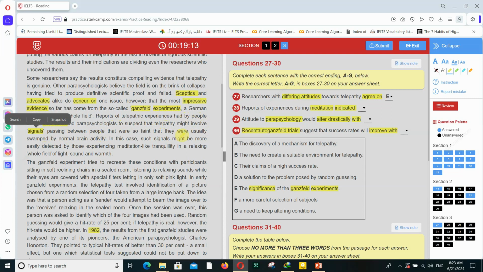In this case, such signals might be more easily detected by those experiencing meditation-like tranquility in a relaxing whole field of light, sound, and warmth.